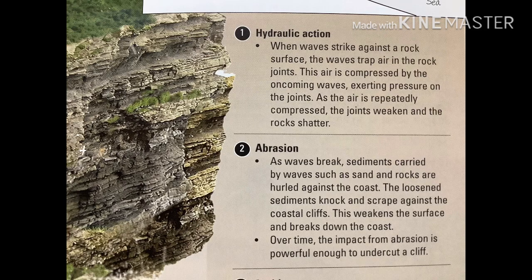Corrasion, also known as abrasion, refers to when sediments are hurled against the coast itself. They weaken the coast and form more erosional pieces that are broken off. Over time, it is powerful enough to undercut a cliff and result in the top part of the cliff collapsing.